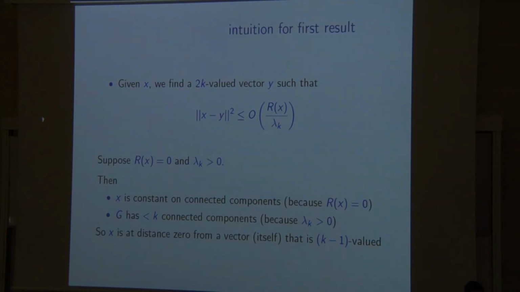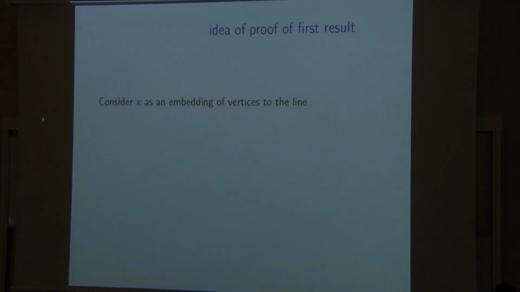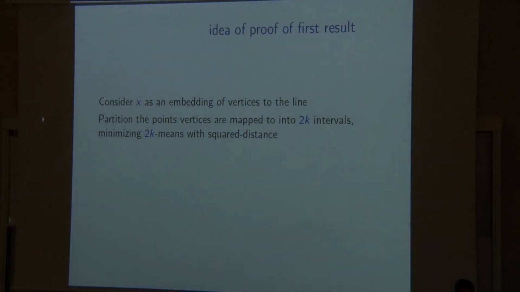Something that says that whenever lambda k is much bigger than the Rayleigh quotient of x, x must be clustering vertices into 2k values. And in fact, the way we argue it's more like a contrapositive. So we look at the way a vector x embeds vertices on the line, and then we try to find the best clustering of those points on the line.